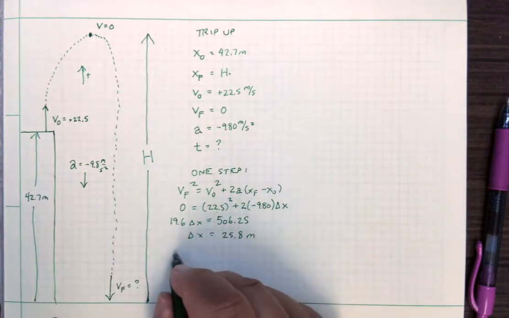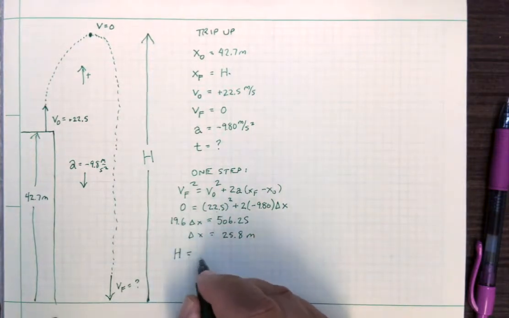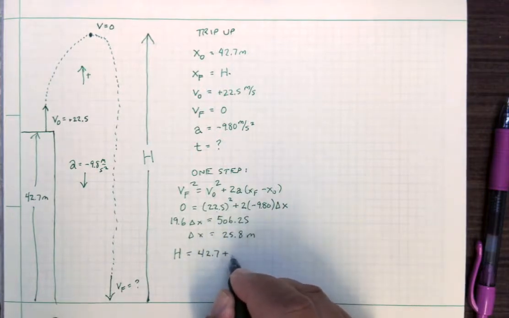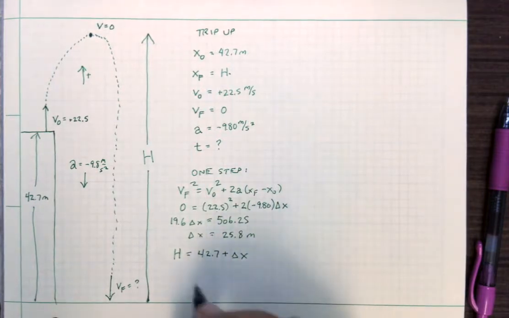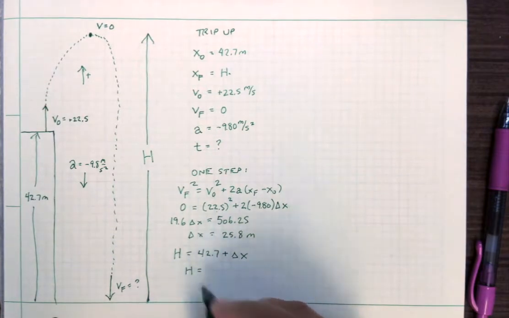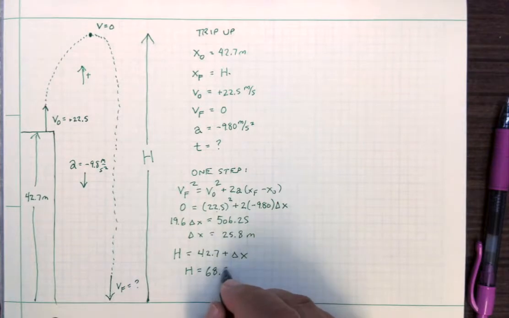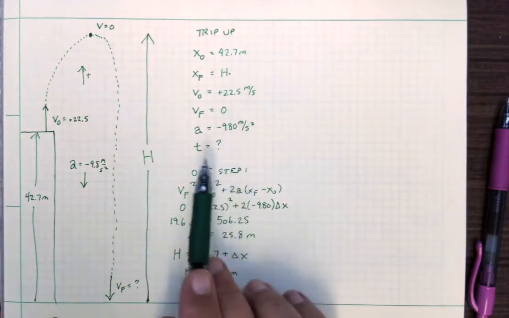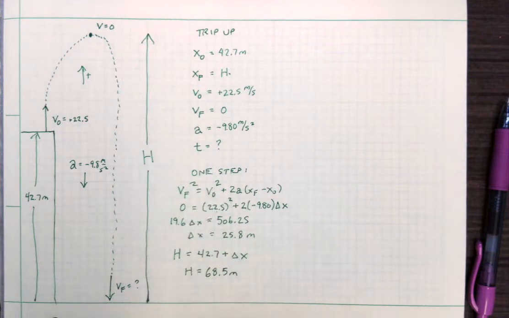And so that height is going to be 42.7 plus delta x, and that's going to give us a height of 68.5 meters. So by examining which of the pieces of data is irrelevant, not given, not asked for, irrelevant, we were able to solve the problem in one step.